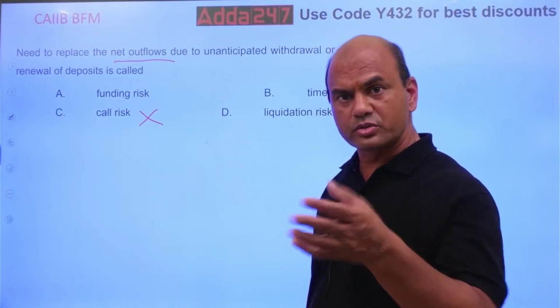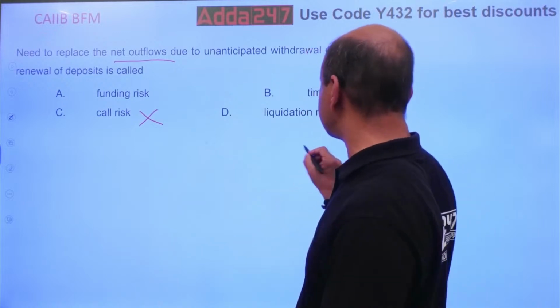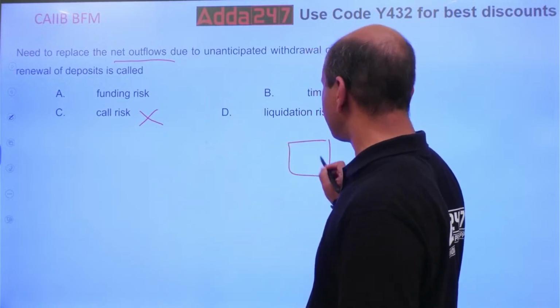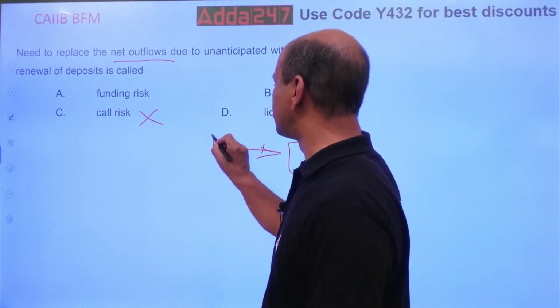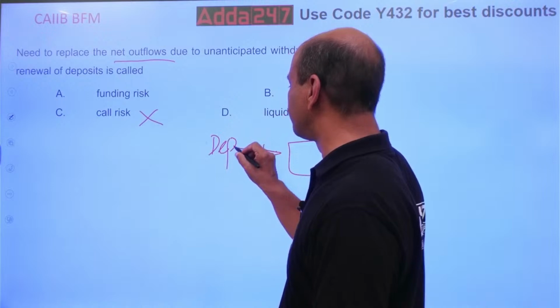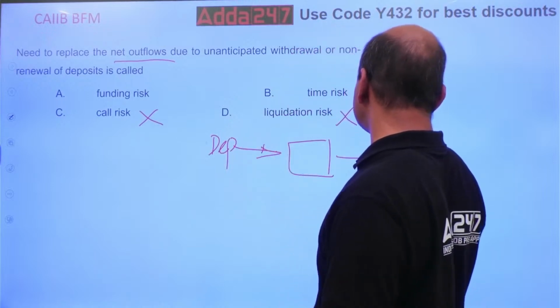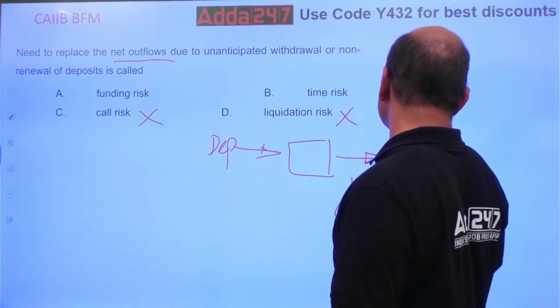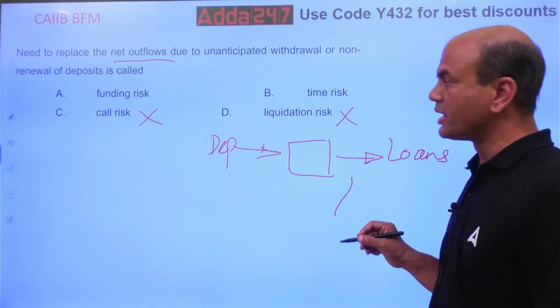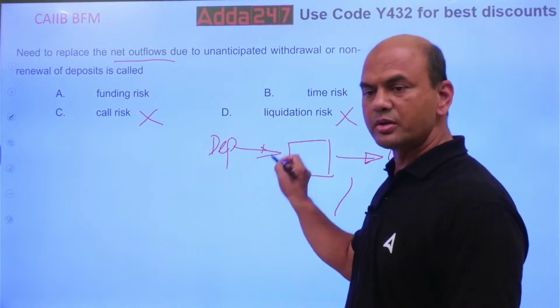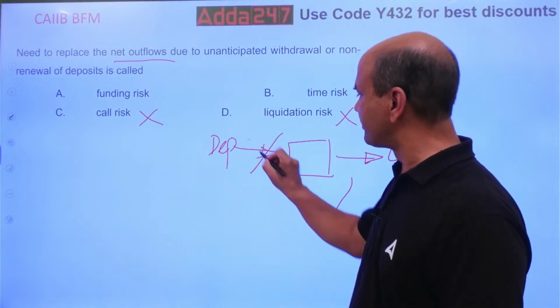If the withdrawals go on from my bank, see this is my bank. Here the depositors are depositing the money. How does my bank function? This is my depositor and I give the money to loans. Now what happens? This depositor does not deposit the money. Now this stops.